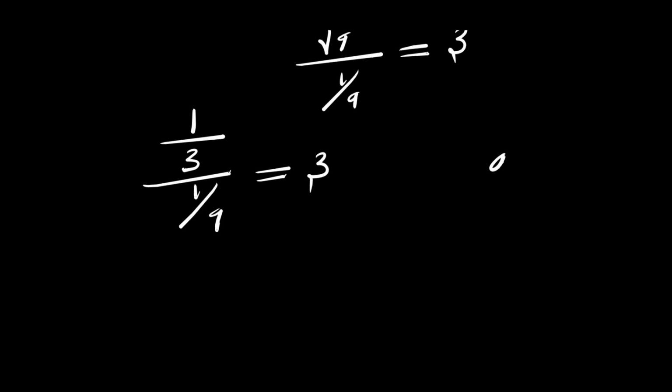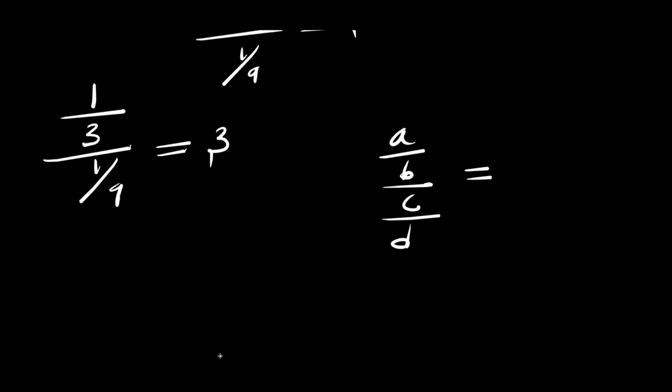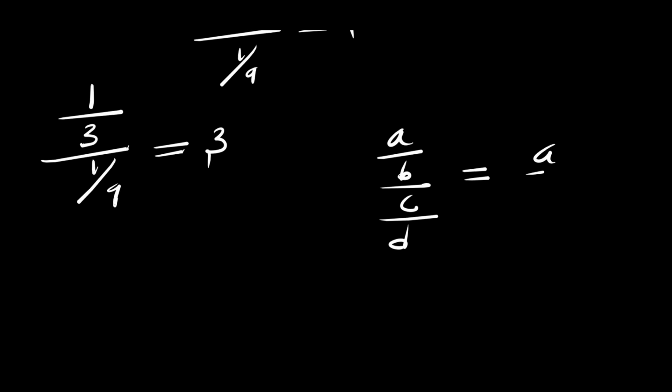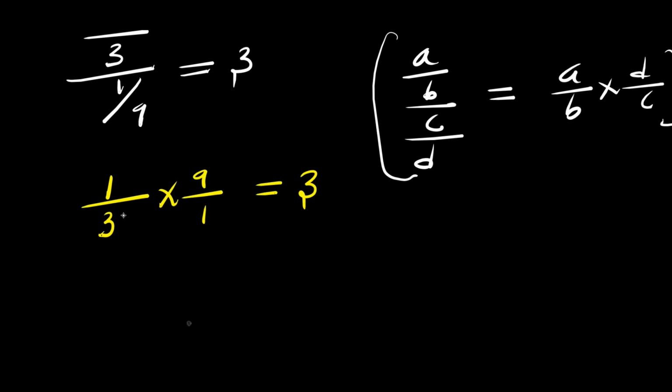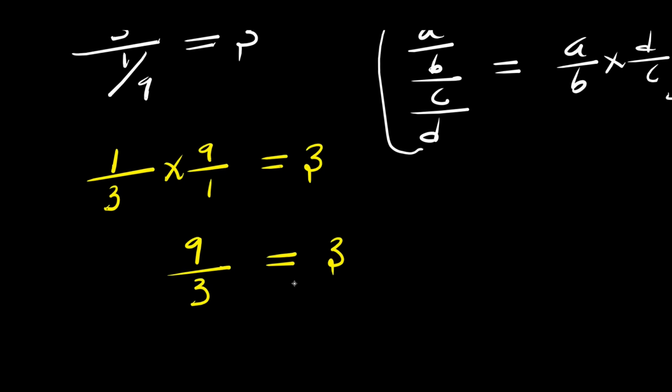Now if you have a over b divided by c over d, this equals a over b times d over c. So this will simply give us 1 divided by 3 times 9 divided by 1 equals 3. 1 times 9, that is 9, divided by 3 times 1, this is 3, equals 3.